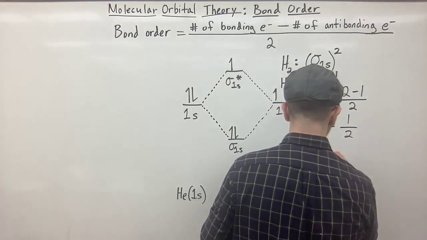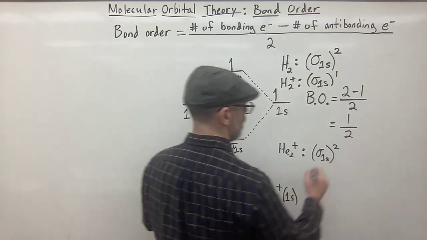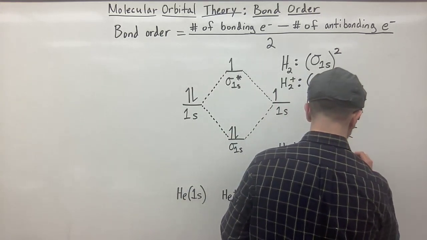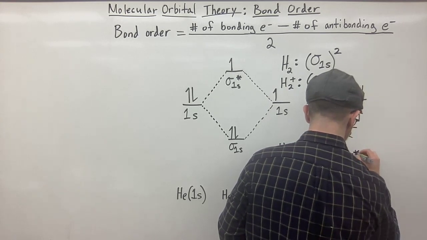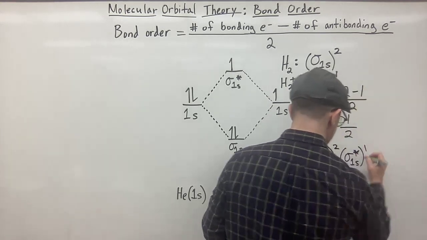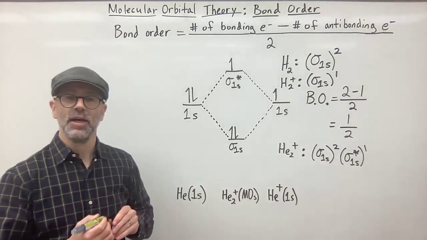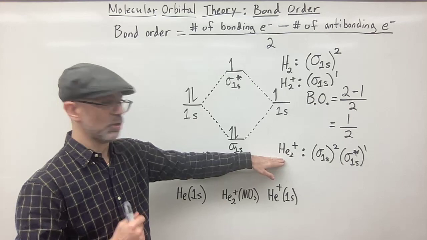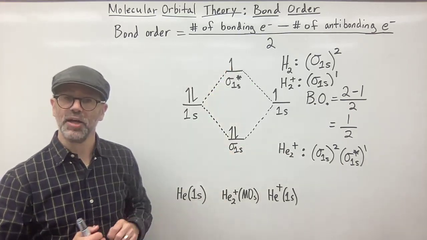So you start with the sigma 1s that has 2 electrons, and then you follow that by the sigma 1s star, and that has 1 electron. So that is the electron configuration of the He2 plus molecule using your molecular orbital diagram.